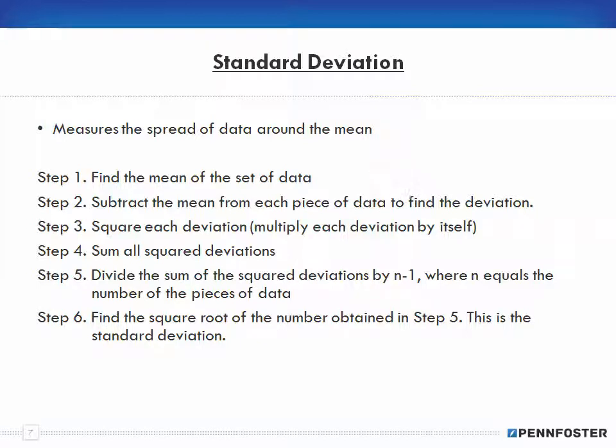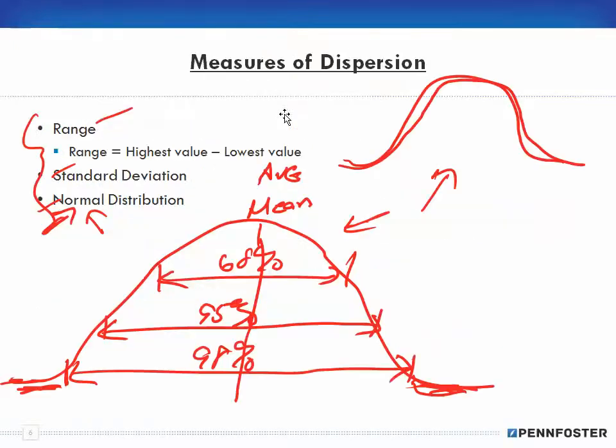Okay, so we're picking up here, and it says it measures the spread of data around the mean, right? So at the end of the last video, as I was talking about the range and standard deviation, I said this was my mean, and the definition is the spread of data around the mean.